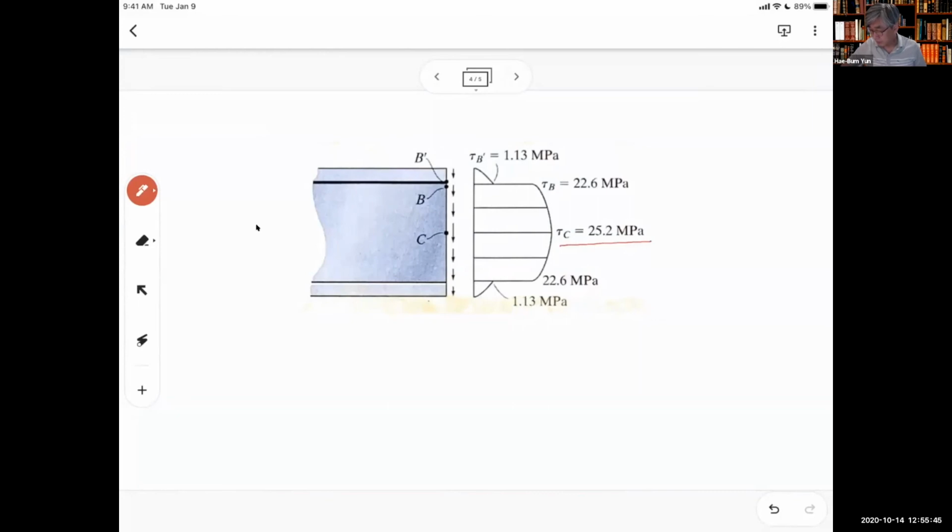And right above the web, we have 1.13, and then we have a big jump to the 22.6. And this shear distribution is quadratic, so this is curved, and this is also curved. So shear stress distribution is something like this. Make sense?